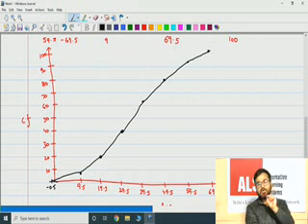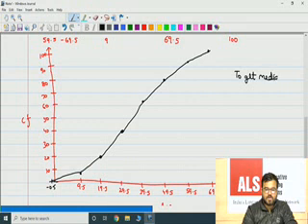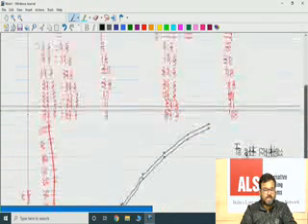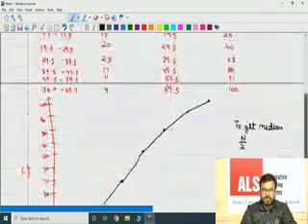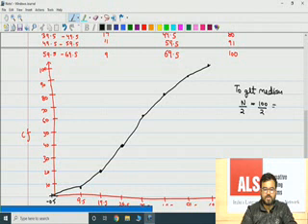Okay. Now how can we use this to find the median of this data? To get the median, we have to find n by 2. N is the total frequency, how many students are present. So you can see the total is 100. So n by 2 is 100 upon 2, which is equal to 50, right?